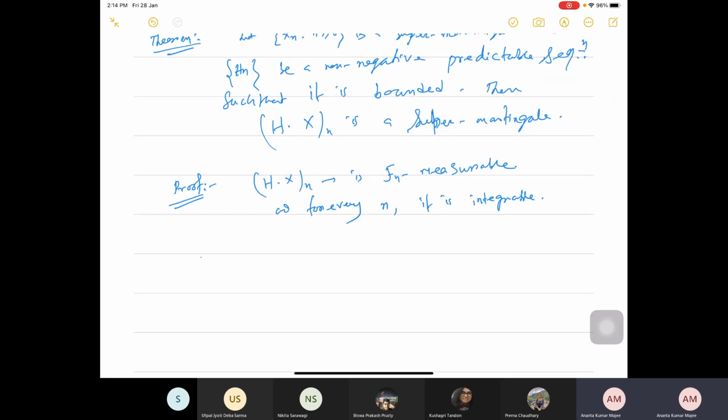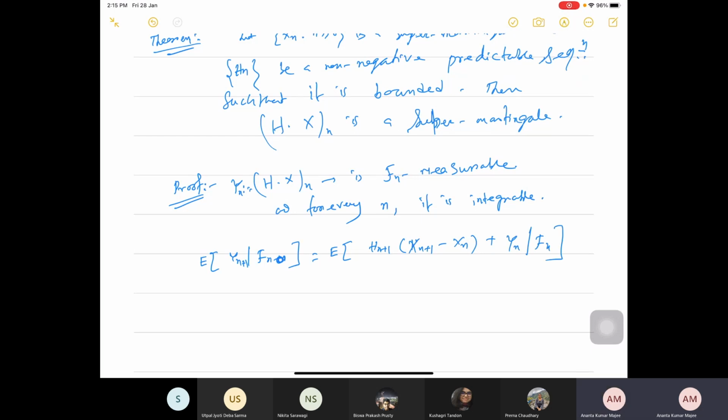So let us consider the expectation, and I denote these things just for simplicity as y_n. So the expectation of y_{n+1} given F_n. What is this? I can write it as the expectation of h_{n+1} times (x_{n+1} minus x_n), plus y_n, given F_n. Is it not?